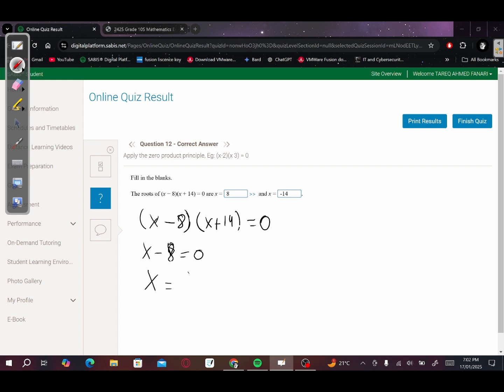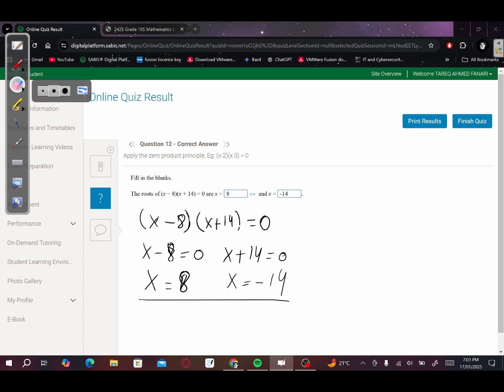X is equal to 8. X plus 14 is equal to 0. X is equal to negative 14. Okay, so these are our answers. You plug them in, and that's it.